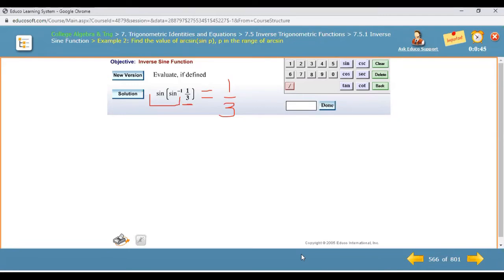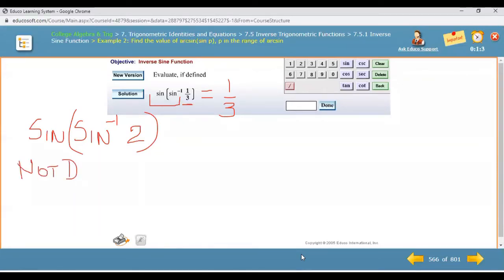Now there can be a tricky question like sine of sine inverse 2. Now this thing is not defined. Is it not defined because it's not between the two numbers? Yeah, it is not between negative 1 and positive 1.